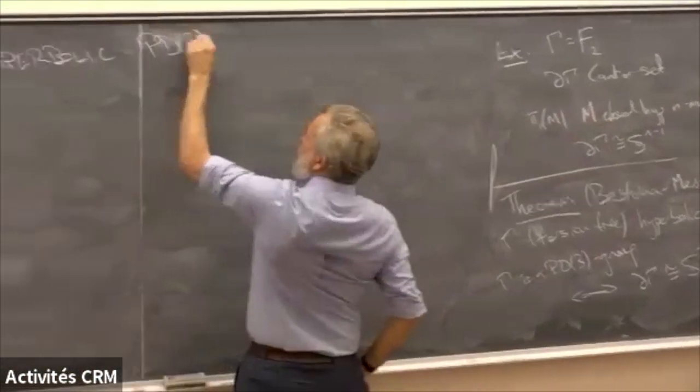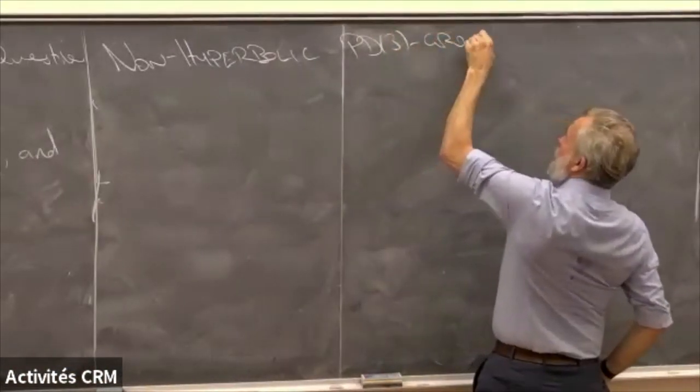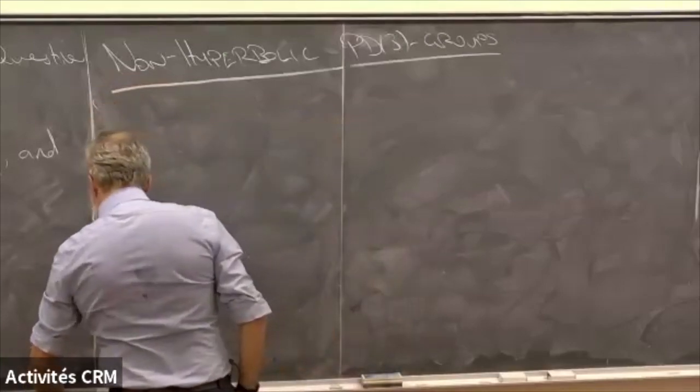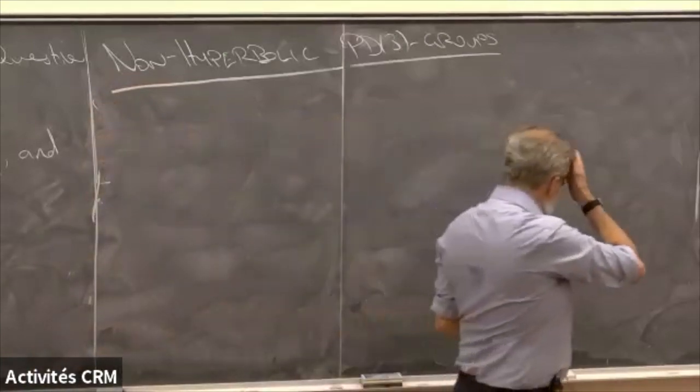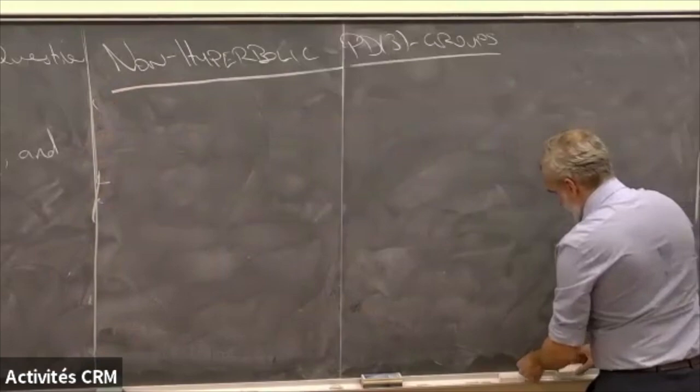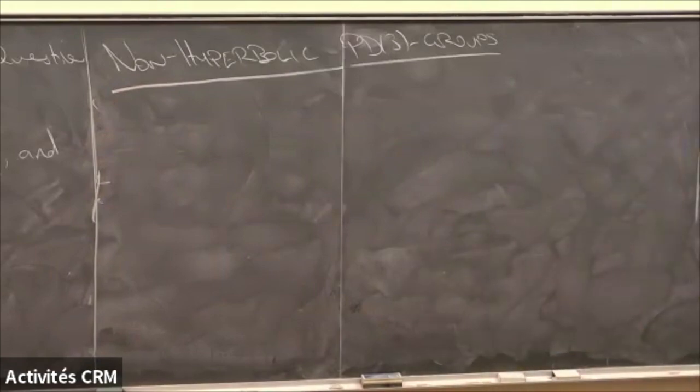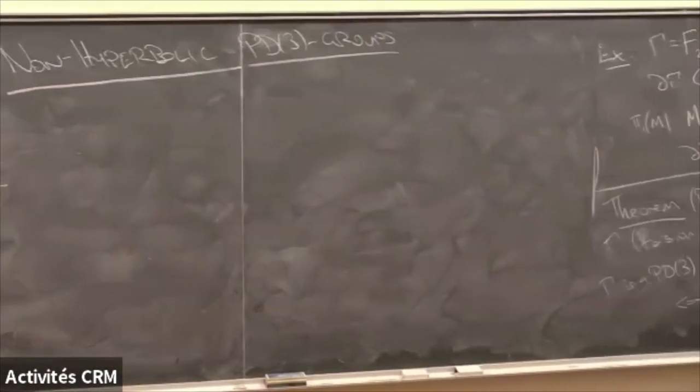Non-hyperbolic PD3 groups. Okay, so my idea about understanding this question of Wall's should be, well, maybe we're trying to prove that it's true. So we have all of this structure that we know about all three-manifolds. I'm assuming my three-manifold is aspherical if I'm aiming at something, and so I don't have to worry about prime or irreducible or finite fundamental group.